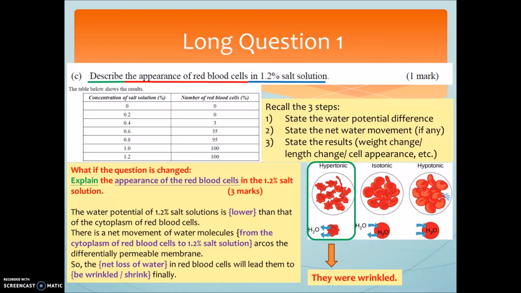I just want you to be aware of the sentence structure of the first step. Water potential of something is higher or lower than that of something. Don't omit the word that. If your English language proficiency is good, I think you understand what it means.